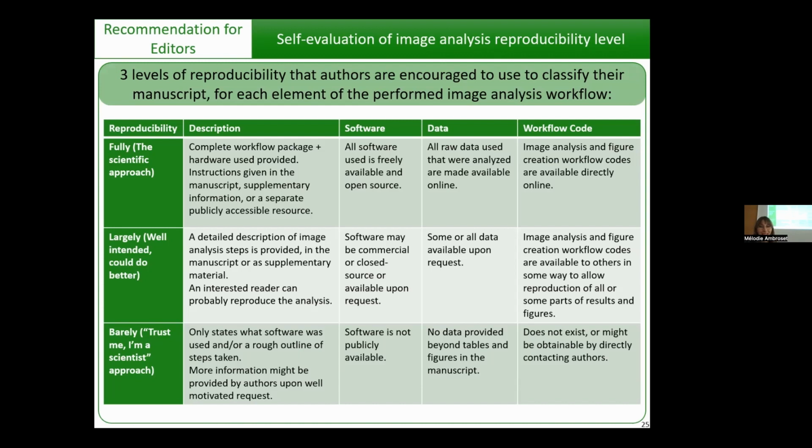And that's it. I counted stuff with ImageJ. Thanks. So yeah, unfortunately a very frequent thing is people do not provide anything, neither the data nor the software that they use, or the software is not available, and the code does not exist, or they don't give it, for example.